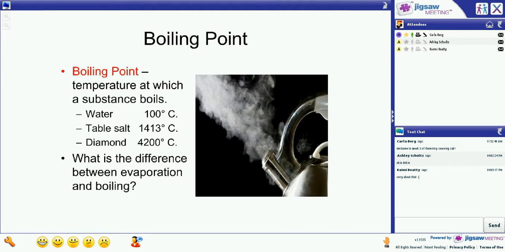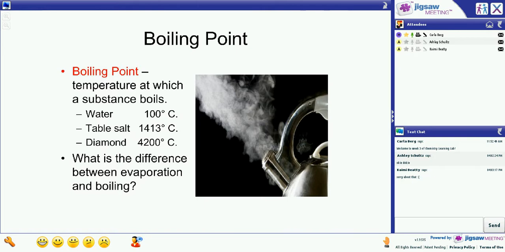The boiling point is the temperature at which a substance will boil. For water, that temperature is 100 degrees centigrade. For table salt, that temperature is 1,413 degrees centigrade. And for diamond, that temperature is 4,200 degrees centigrade.